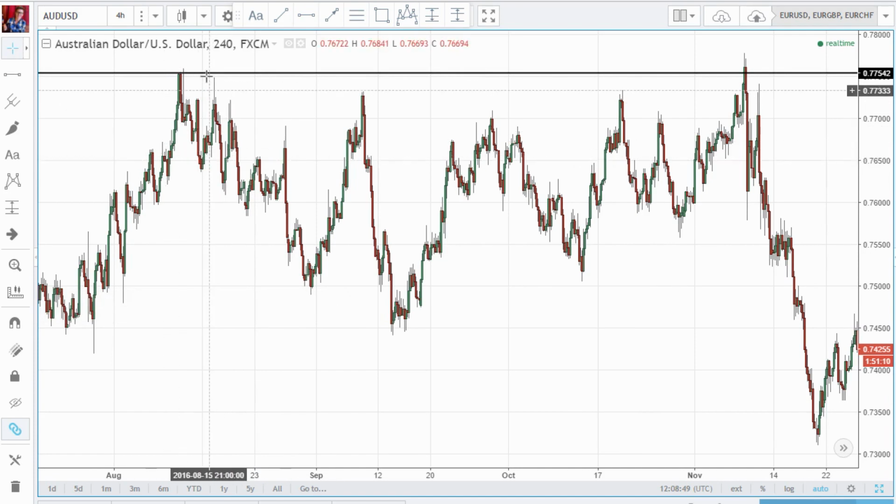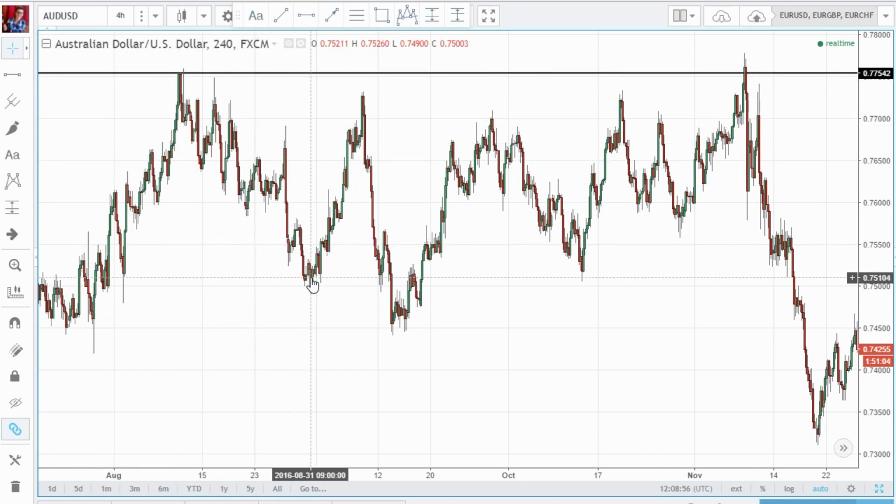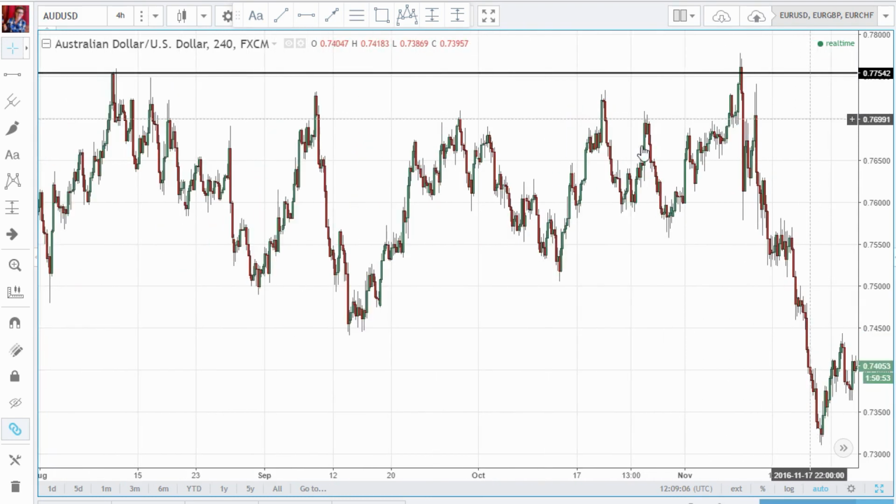And then you can see that we have one very important reaction here where price moved into the level from below and then it went lower again. So this is what we call a resistance area. And then we wait until price gets there the next time, which happened here. We see a little bit of an overreaction, which is something that we call a trap pattern or a squeeze.